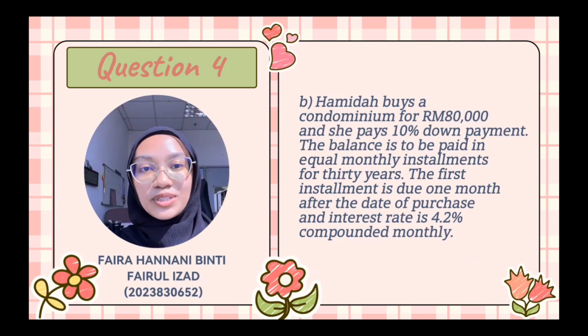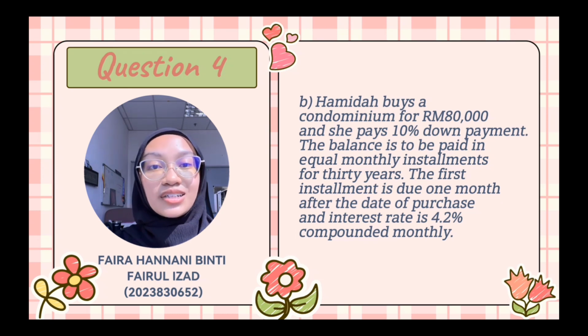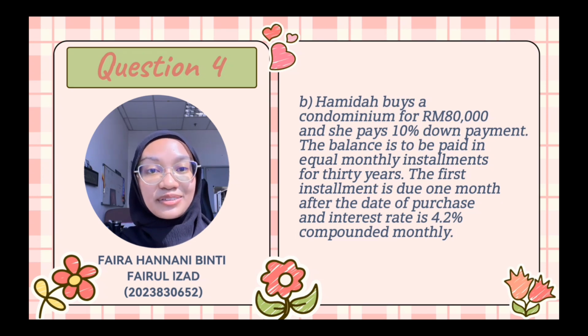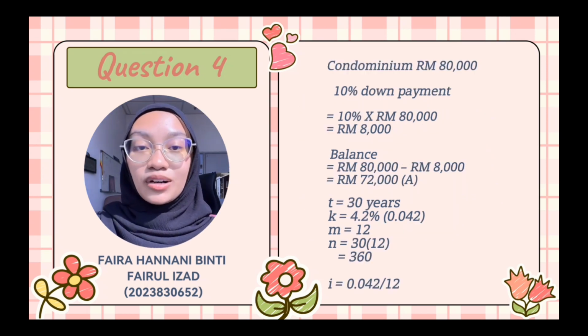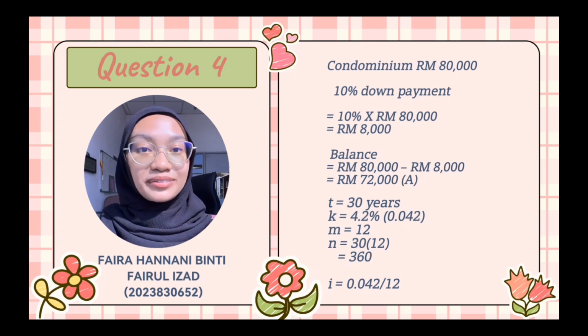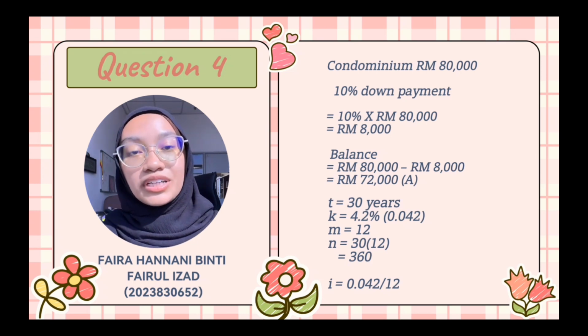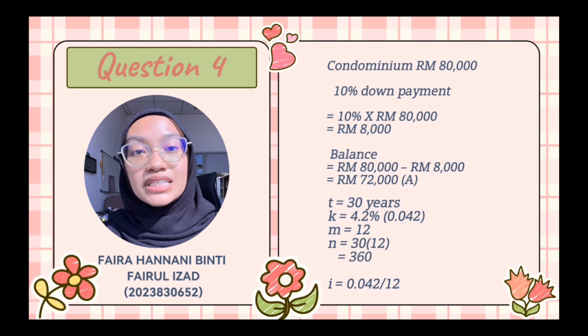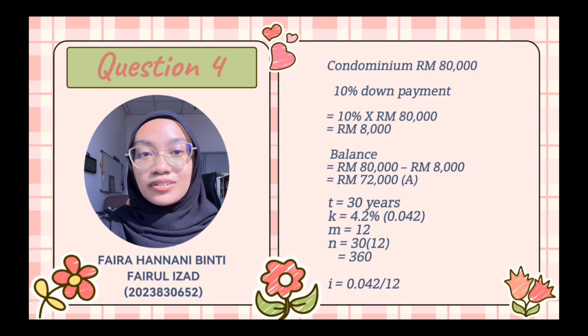With reference to the question on the screen, it will be easier if we extract all the information given one at a time, so that we can see all the information clearly. Since Hamidah already paid 10% of the down payment, she is now left with the balance of 72,000 ringgit. This is because 8,000 ringgit from the 10% down payment has been subtracted from the selling price of the condominium.